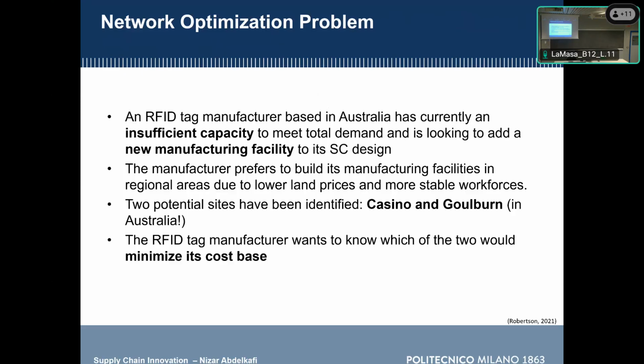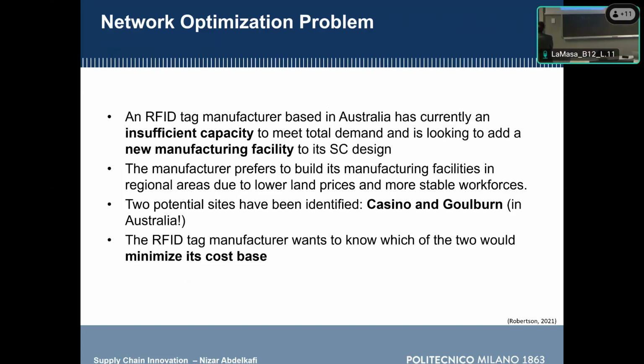An RFID tag manufacturer based in Australia currently has insufficient capacity to meet total demand and is looking to add a new manufacturing facility to its supply chain design. So you see the problem. A company would like to extend its production capacities. The question is where to locate the new plant.